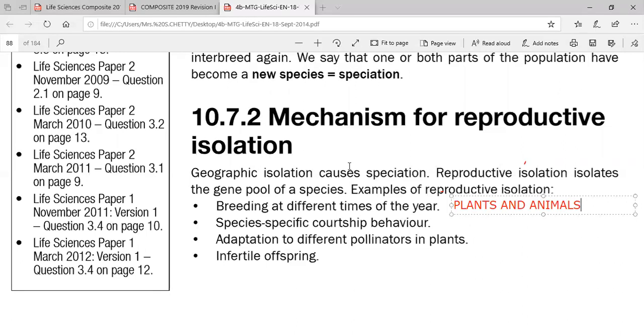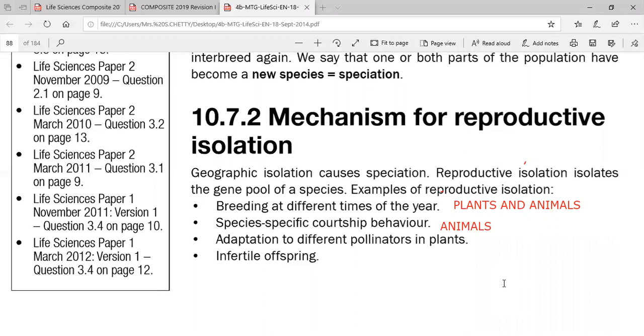Species-specific courtship behavior. Of course, this will only apply to animals, because only animals do the dance or do something to attract the opposite sex. Are you with me? So whilst a crab will be doing a species-specific courtship behavior like rattling its pincers, let's take another animal.